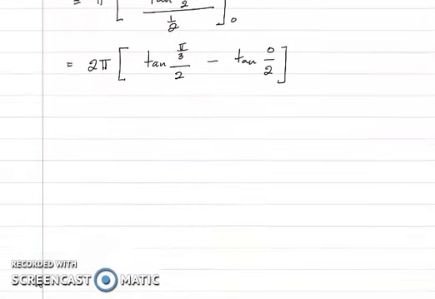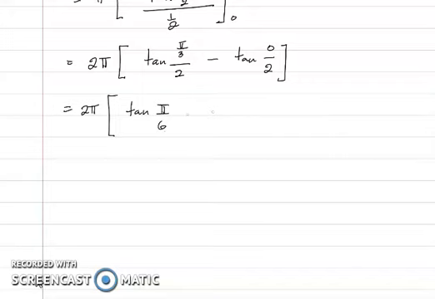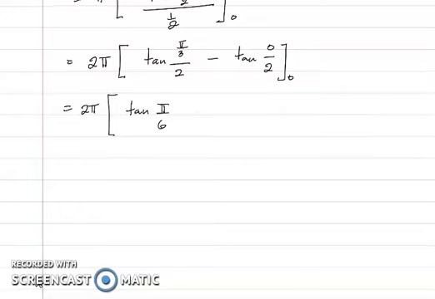All right. Now this becomes 2 pi, and inside the bracket I have the tangent of pi by 6. All right, and it's going to be minus tangent of 0, which is 0, so we can leave that out.